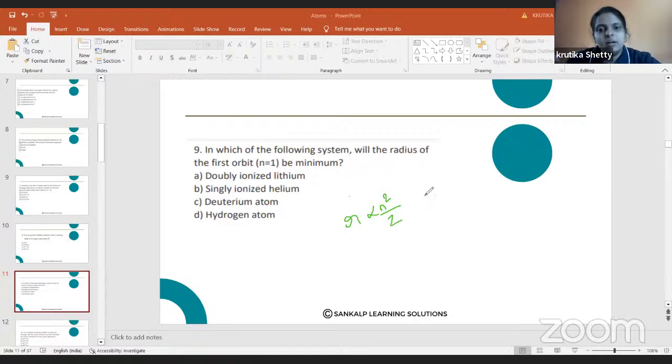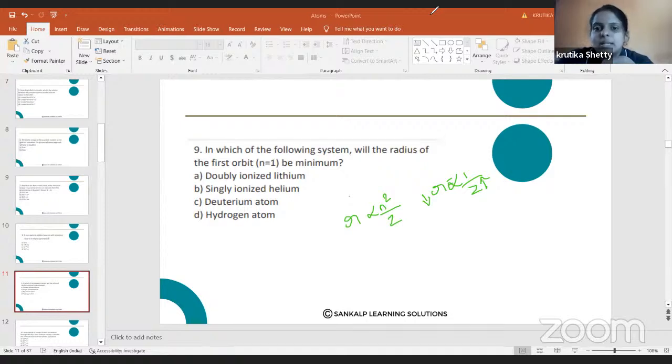Here n is equal to 1 they are saying. When n is equal to 1, it is proportional to 1 divided by Z. So for the radius to be minimum, what should the Z value be? It should be maximum. So think and tell which will be the answer. Yes, correct.